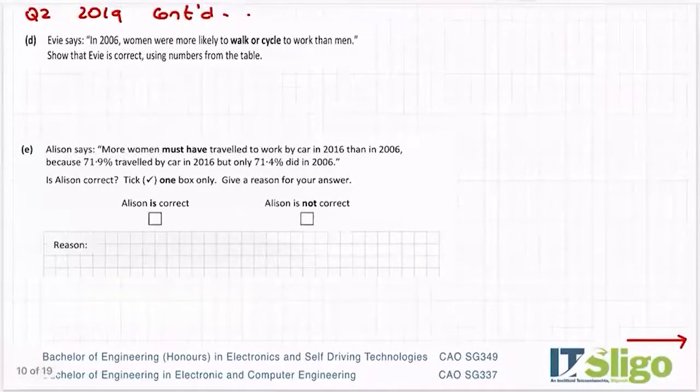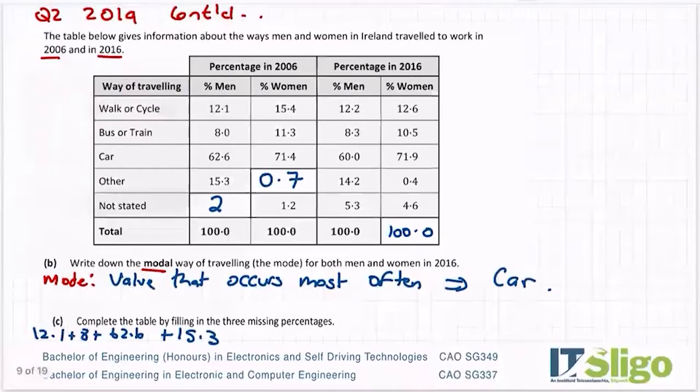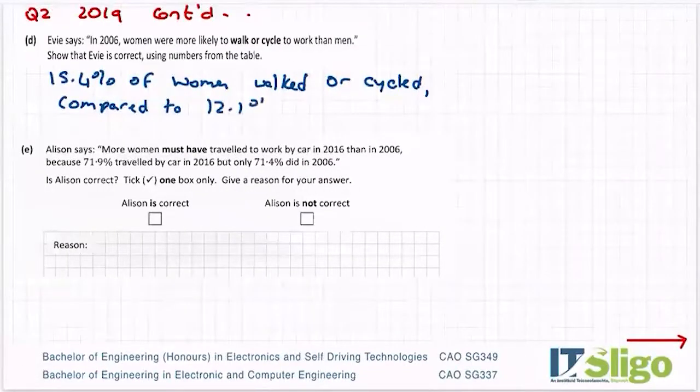So to show that Evie is correct, I would say 15.4% of women walked or cycled compared to 12.1% of men. Okay, so she is right.